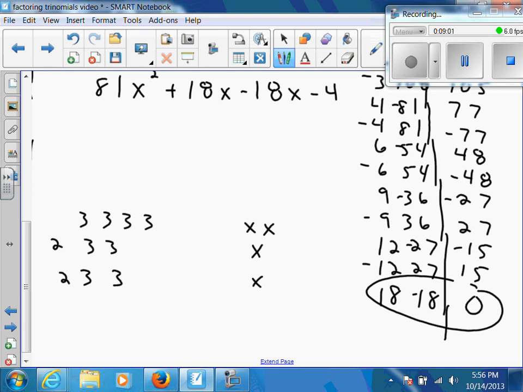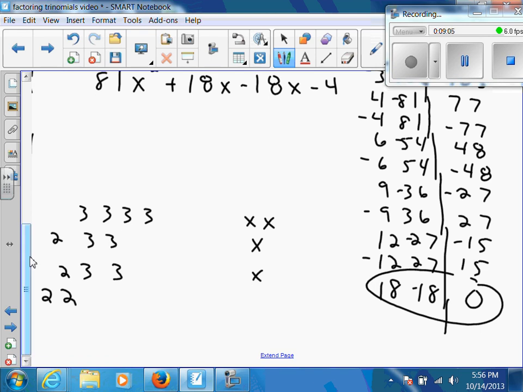Nothing the same in all 4 rows, so we're going to split it in half. We have 3 times 3, which is 9.